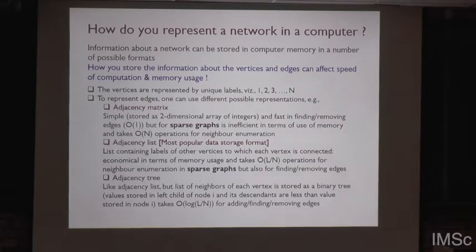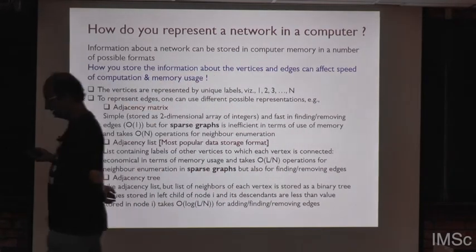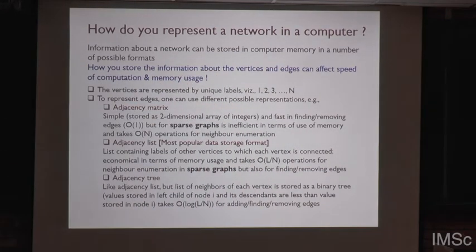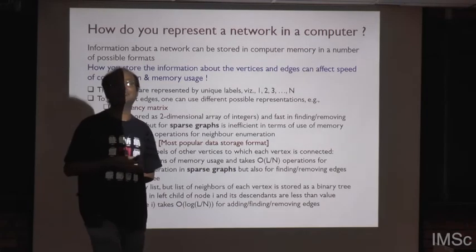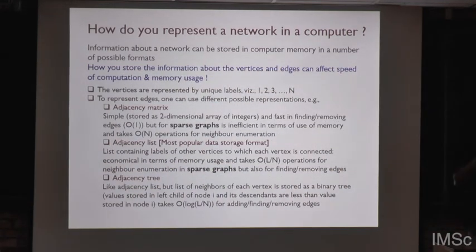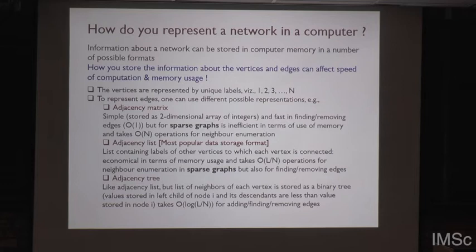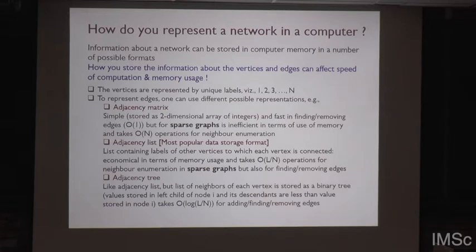Why? So imagine you are trying to analyze something like the World Wide Web in your machine. The number of nodes is enormous. It's just astronomical. Even if you are just thinking of, let's say, all the web pages within a particular geographical region. So if you are thinking of a network of something like 1 million nodes, I'm just scaling down the network from the whole World Wide Web to just 1 million nodes.